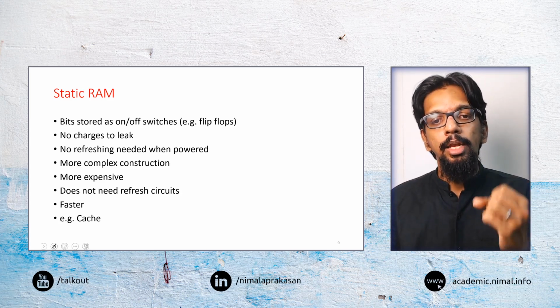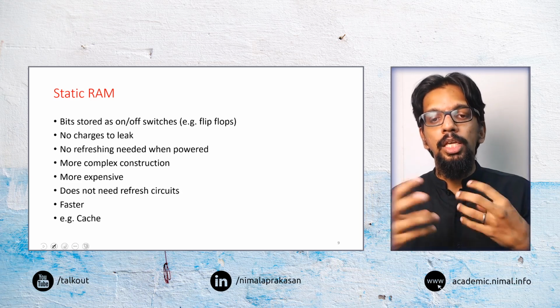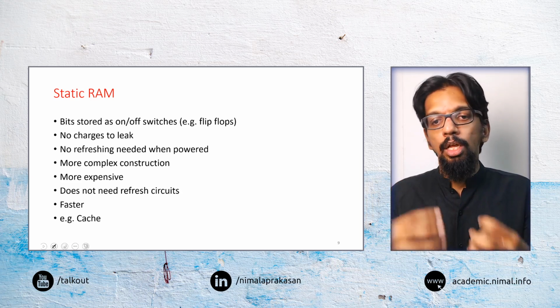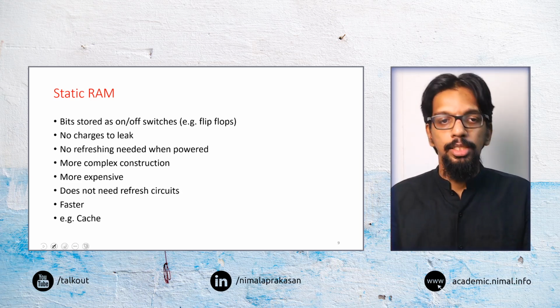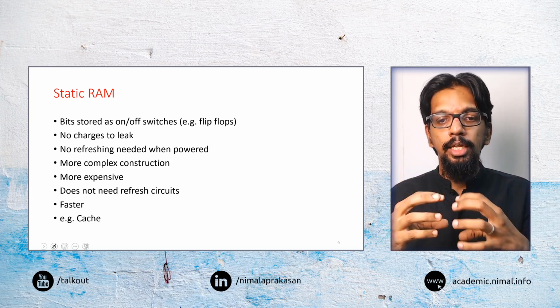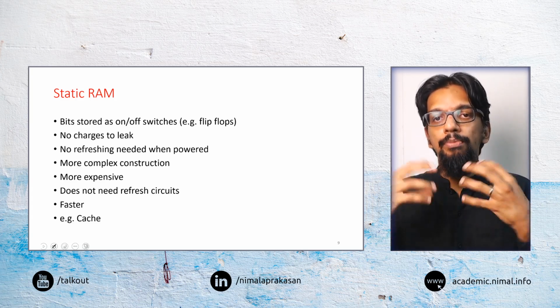The main advantage of static RAMs is that they don't have the issue of charge leaking or the need for refreshing. We will look at that when we discuss dynamic RAMs. But the main disadvantage of static RAMs is that they are much more complex because they use flip-flops.